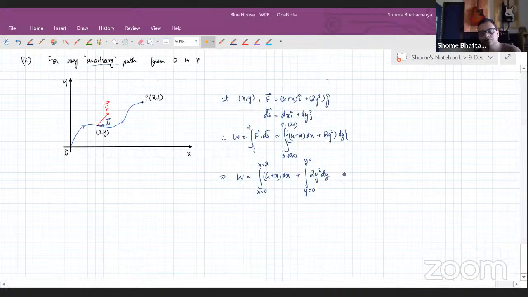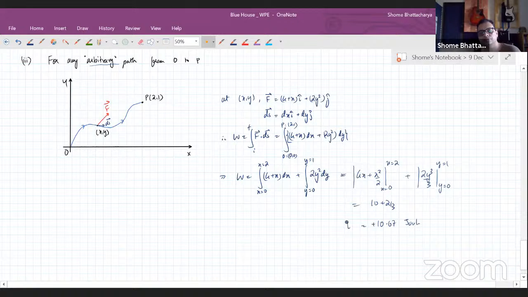Okay. So this shows that work done is path independent.